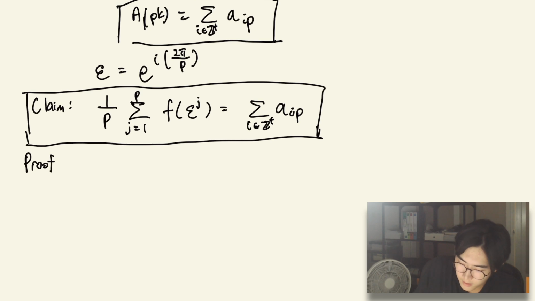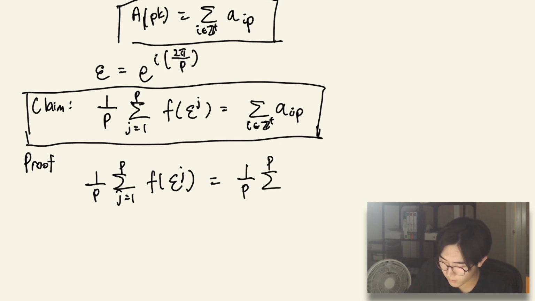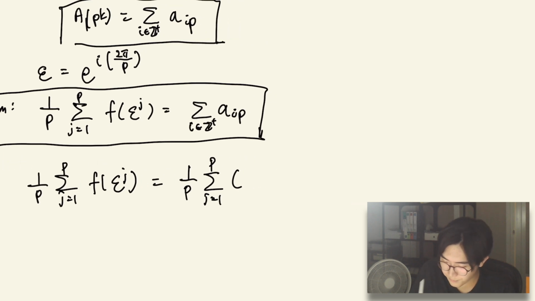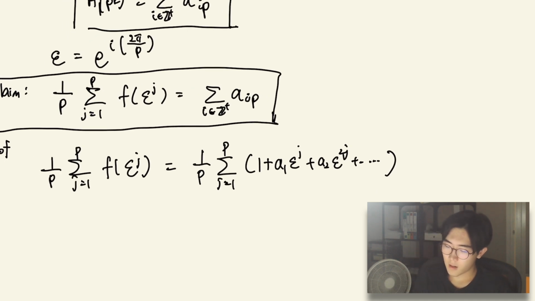We basically note that the left-hand side is basically equivalent to this, which is 1 plus a1 sigma^j plus a2 sigma^2j, etc., etc. And now instead of summing it based on the sigma value, we try to sum it based on the coefficient itself.